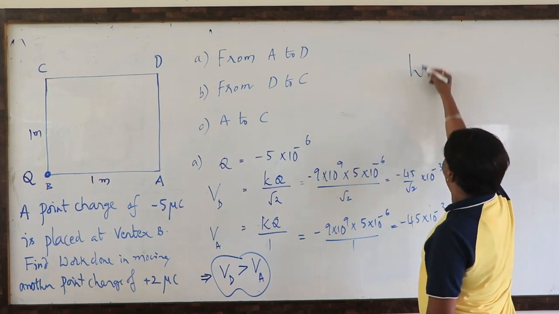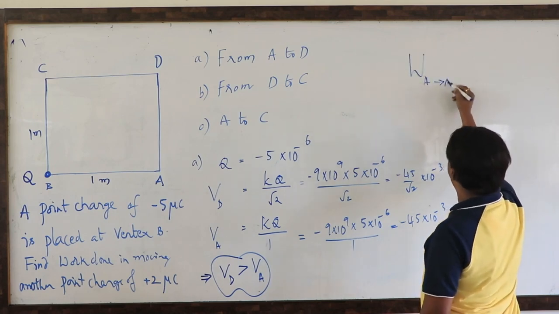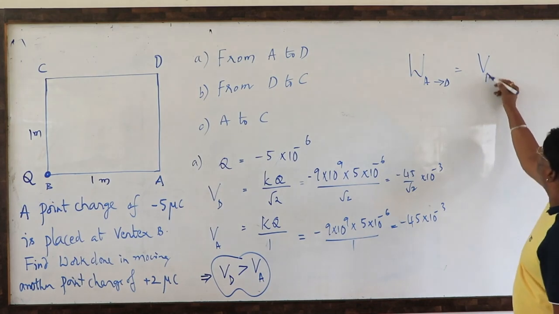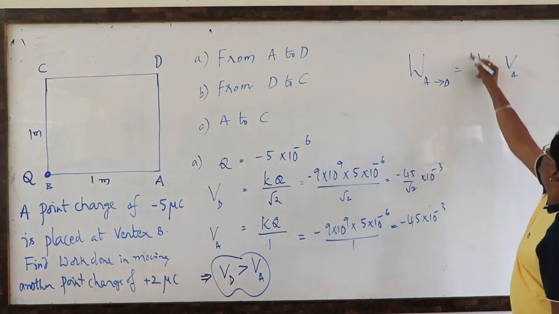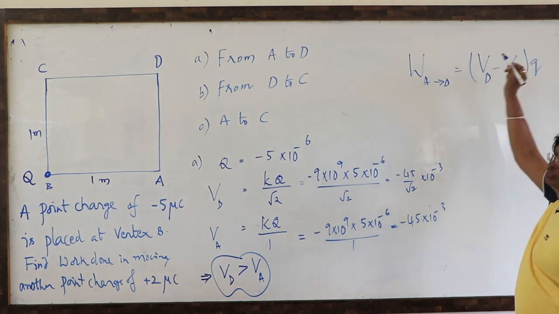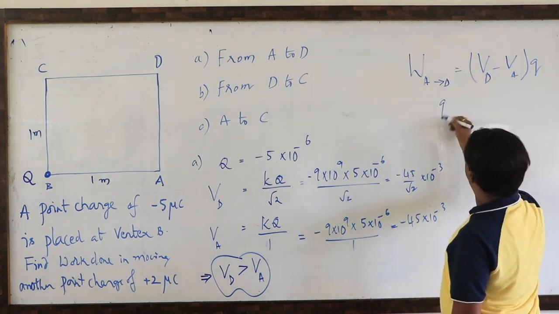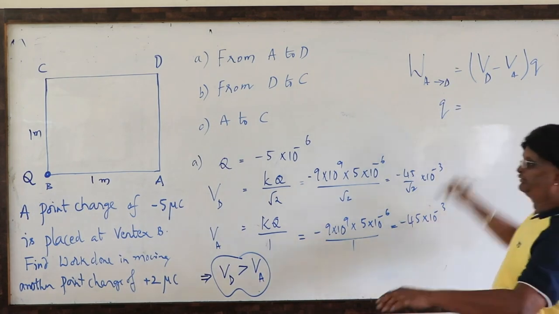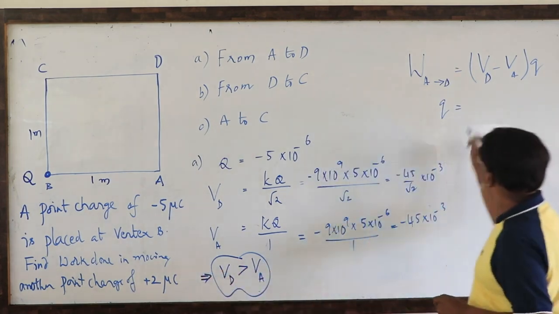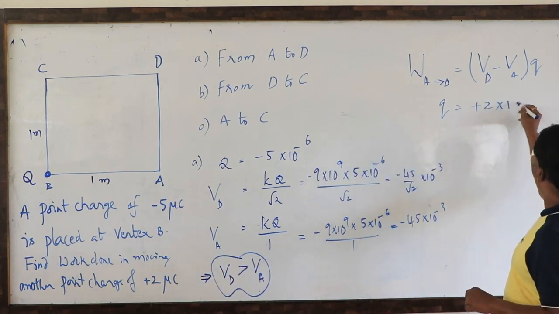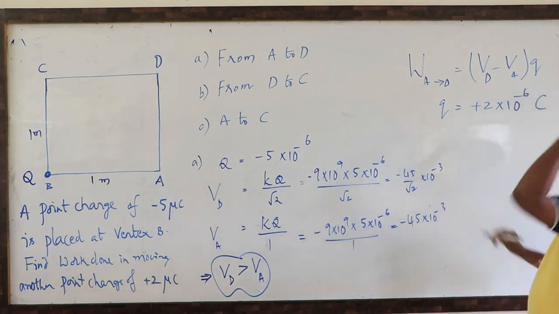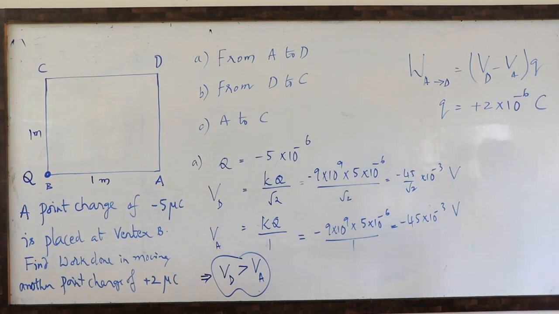Now I am writing W from A to D is equal to VD minus VA times small q, where we substitute all the values, and here of course small q is given to be a positive charge. Therefore this is positive q, 2 into 10 raised to minus 6 coulomb, and these are all in volts. So these are the numbers you have for V at D, V at A, and the charge.